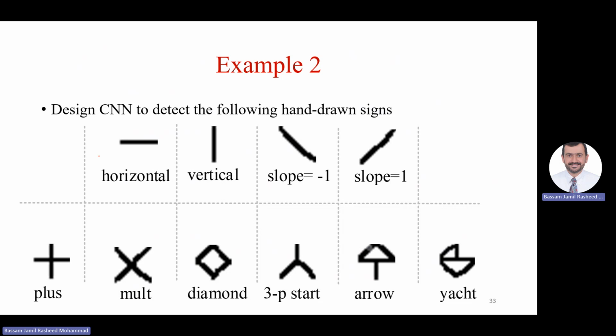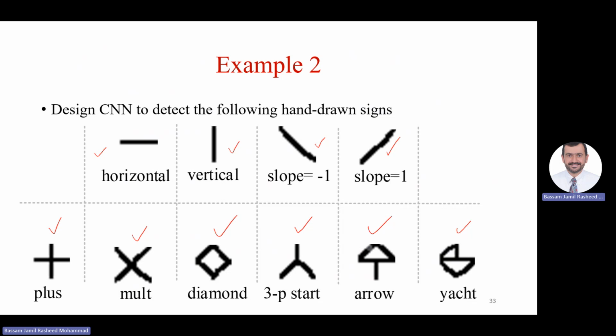We have a sign for a horizontal line, a vertical line, a negative slope, a positive slope of 45 degrees, a plus sign, a multiply sign, a diamond sign, a 3-point star, an arrow, and a yacht. How many of those? 1, 2, 3, 4, 5, 6, 7, 8, 9, 10, 10 signs. That's right. I want to build a convolutional neural network which recognizes those signs.